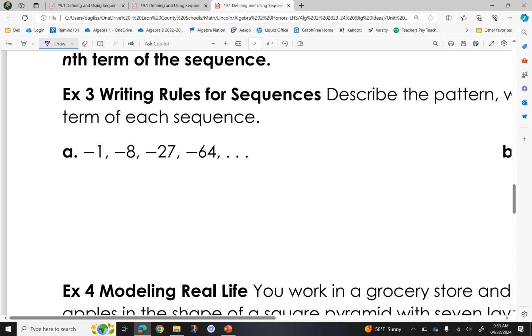No, your brain's working though. It's -1 cubed, -2 cubed, -3 cubed, -4 cubed. Okay. So what's our next number going to be? -5 cubed, which is -125. -125. Okay, so he noticed.